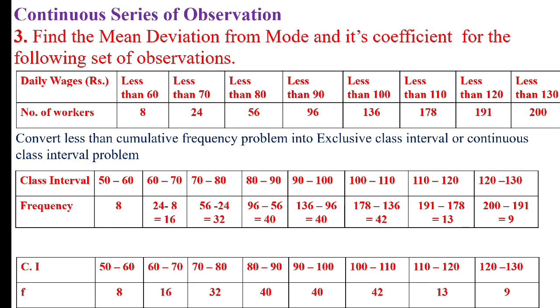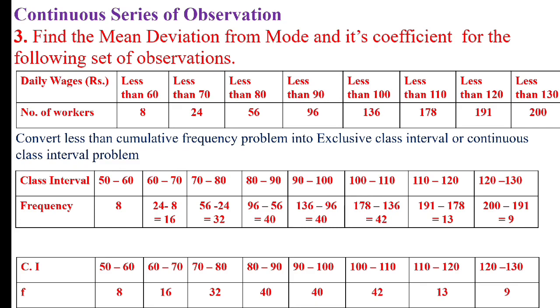Similarly we follow: 96 minus 56 is 40, 136 minus 96 is 40, 178 minus 136 is 42, 191 minus 178 is 13, 200 minus 191 is 9. So we can write the frequencies separately: 8, 16, 32, 40, 40, 42, 13, 9. So this is the way.